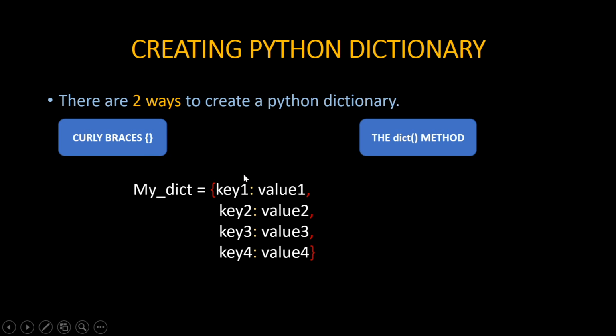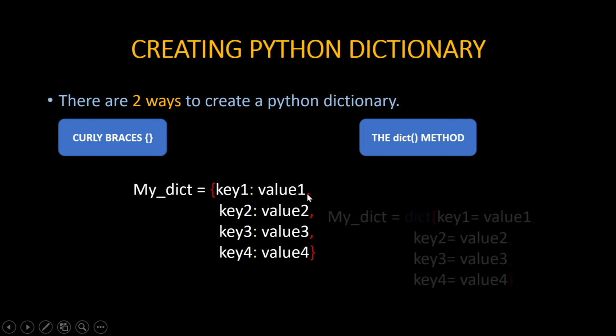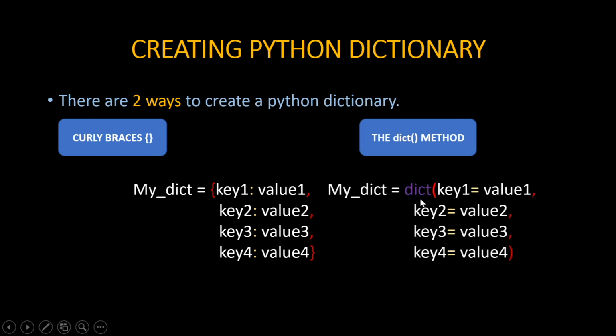In the dict method, first we have to enter dict, and then the key, then an equal sign, then a value, then a comma.